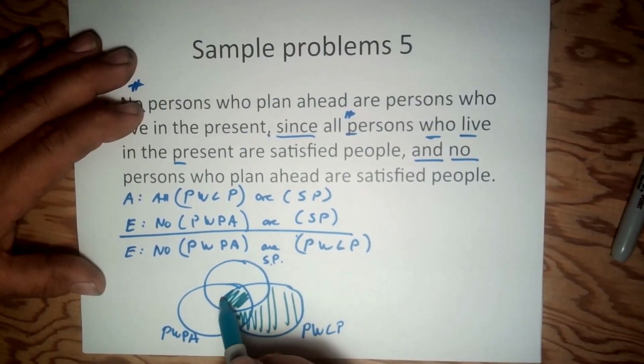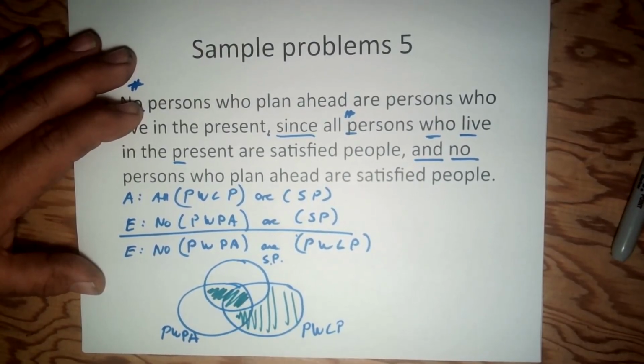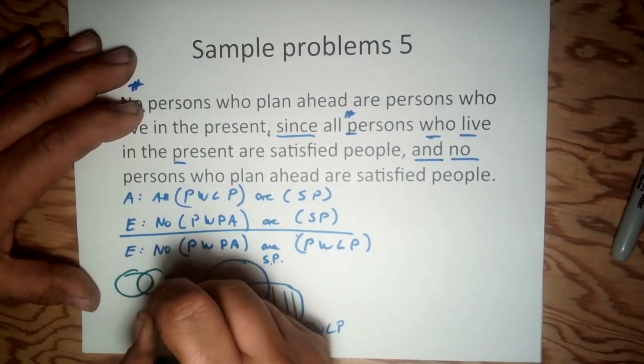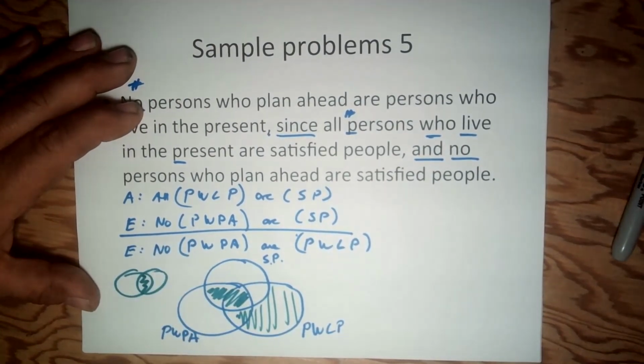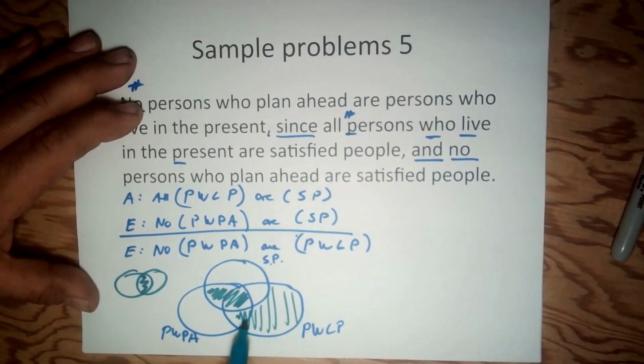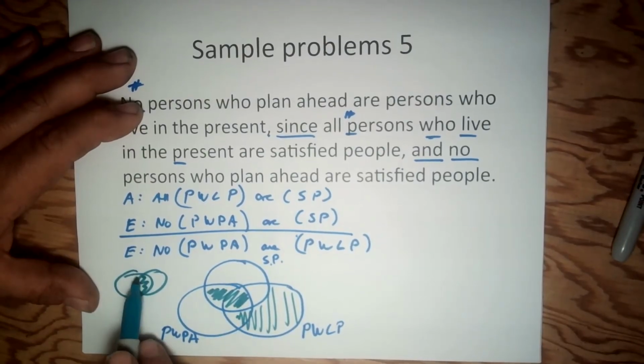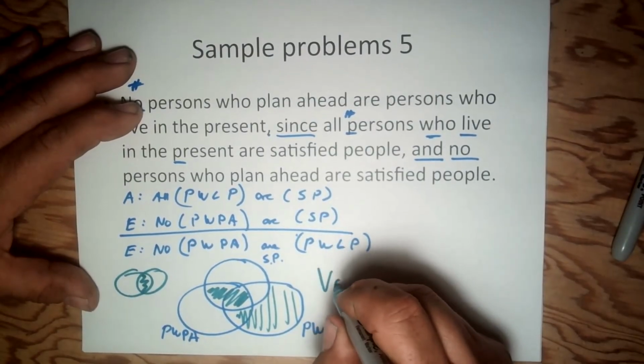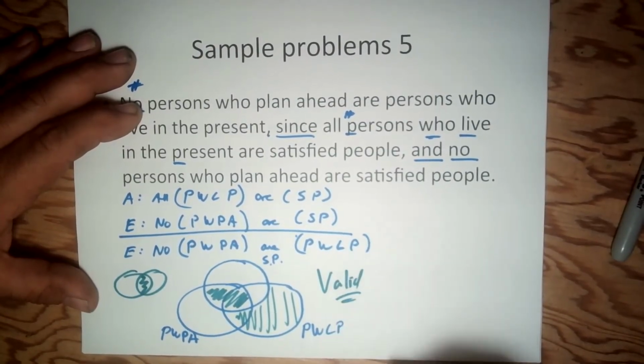So I'm going to shade like that. And I'm going to be looking for that kind of diagram, which is pretty much what I have here, right? This is a little extra shading there, a little extra shading there. Who cares? That cat's eye, that center part of that diagram is empty, just as predicted. So we think this is valid.